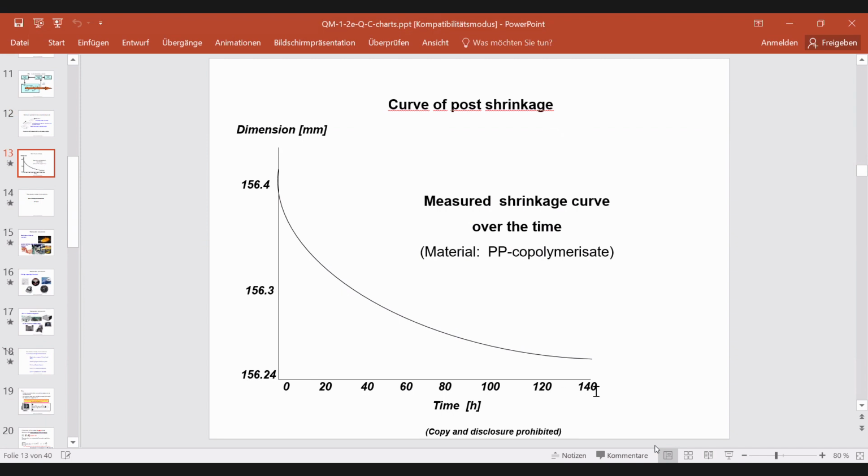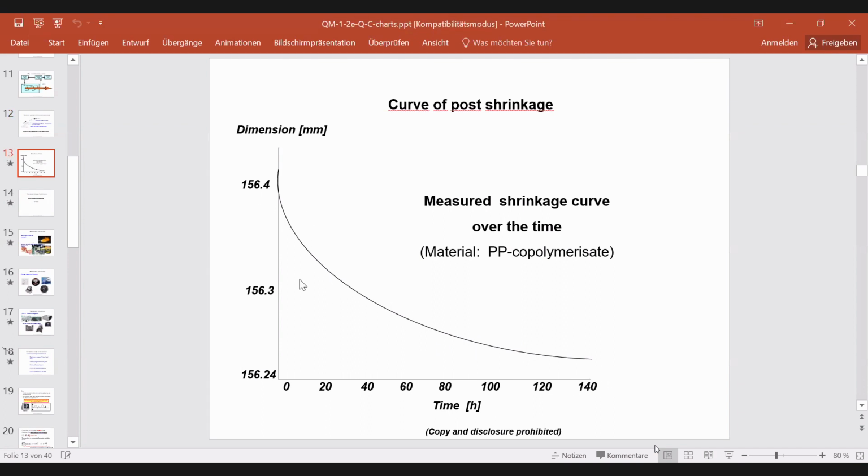And here you see after 140 hours, you get the end dimension. And in the meantime, from the production until the 140 hours, the dimension is becoming smaller and smaller. This is a time-dependent shrinkage curve.